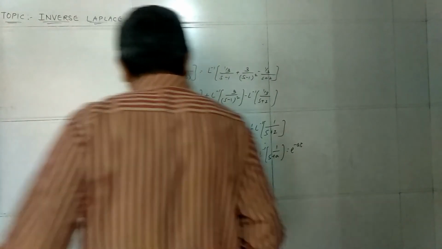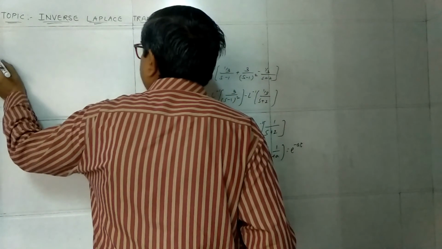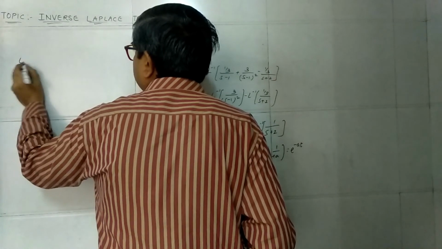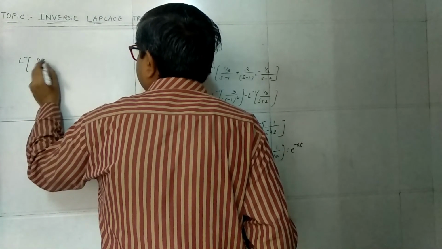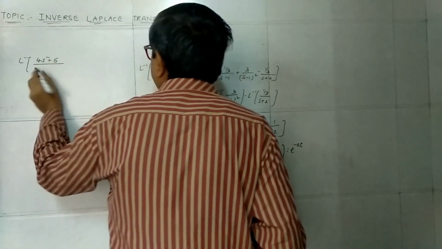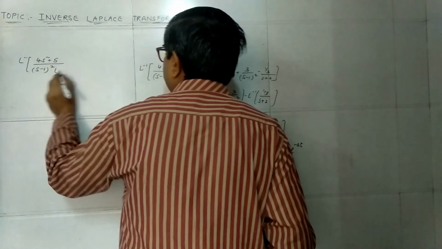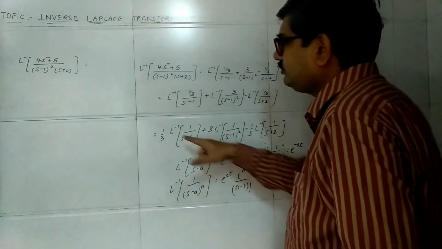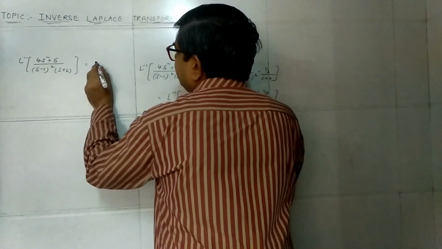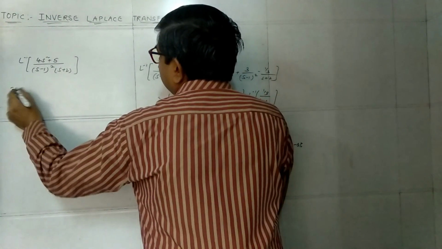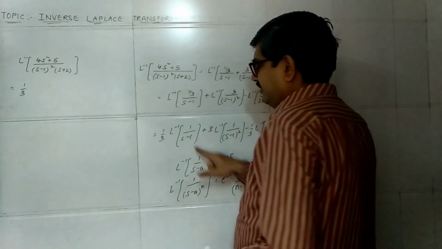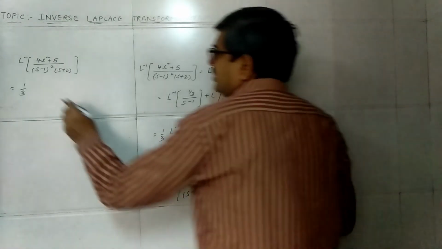So finally, Laplace inverse of 4s square plus 5 upon s minus 1 whole square into s plus 2 is equal to 1 by 3 into, for this, what is the value of a here? 1. So e raised to 1t, that is e raised to t.